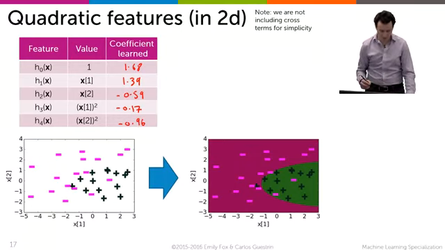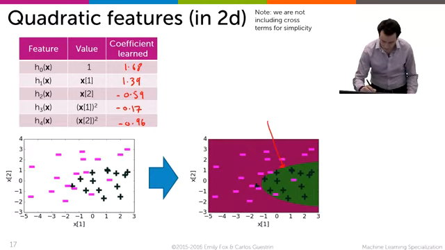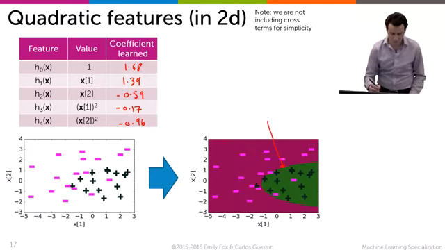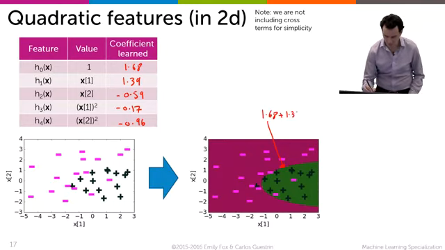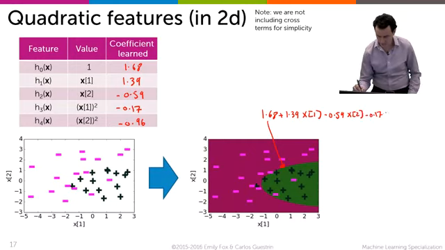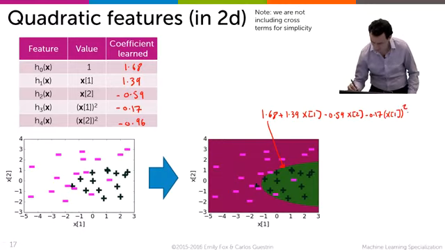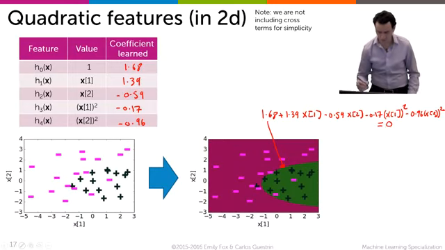Using these quadratic terms, I get this beautiful quadratic decision boundary, which basically says that 1.68 plus 1.39 x1 minus 0.59 x2 minus 0.17 x1 squared minus 0.96 x2 squared is equal to 0.